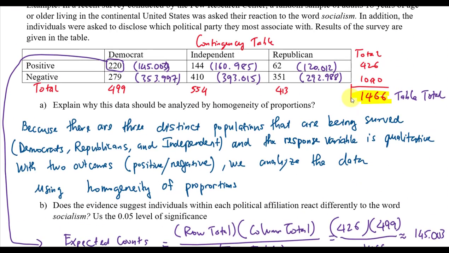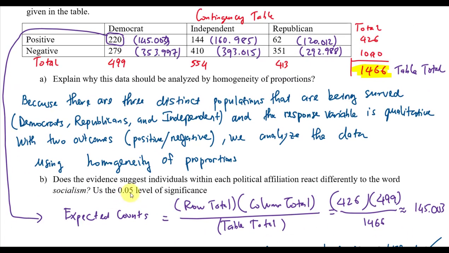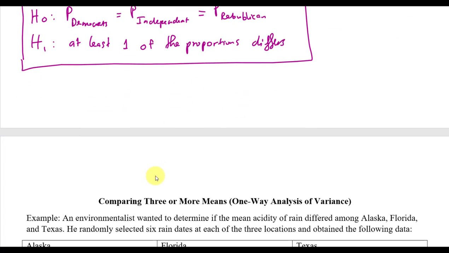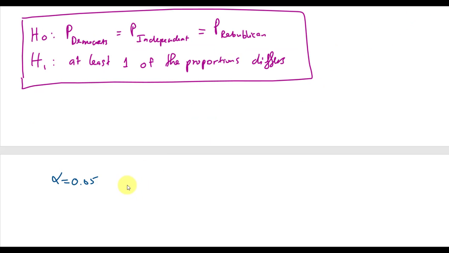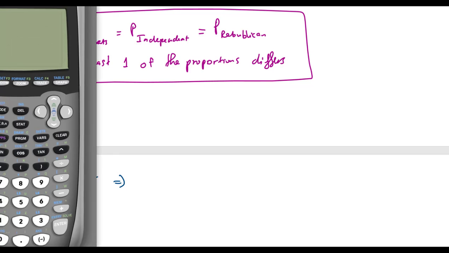Now we have the alpha level is 0.05. Therefore, you are looking at the p-value, to test with the alpha to see if the p-value is bigger than alpha or less than alpha. So let's try to use a TI-84 for that.